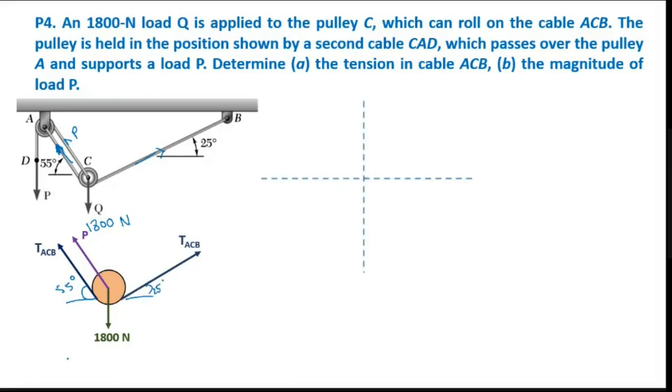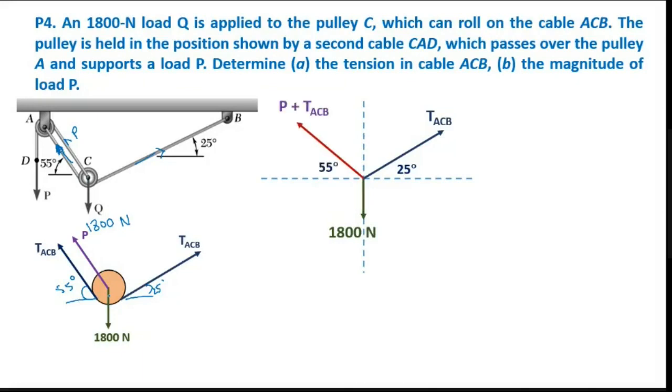So I can make a force diagram. TACB at 25 degrees. These are two parallel forces, so you can easily add them. This is 1800.